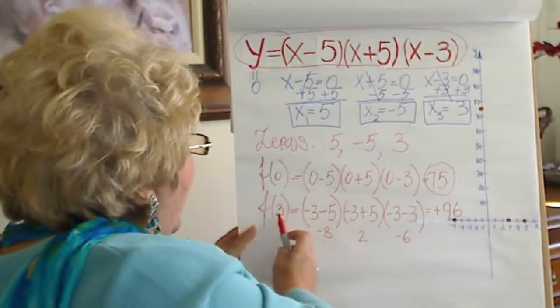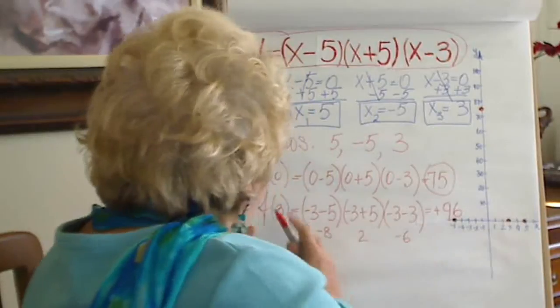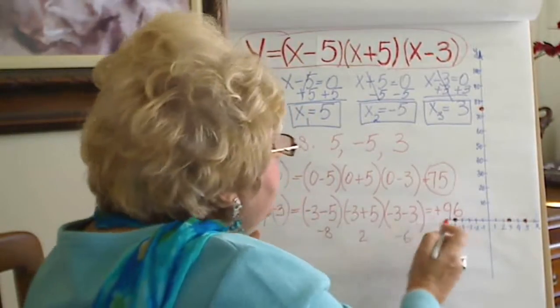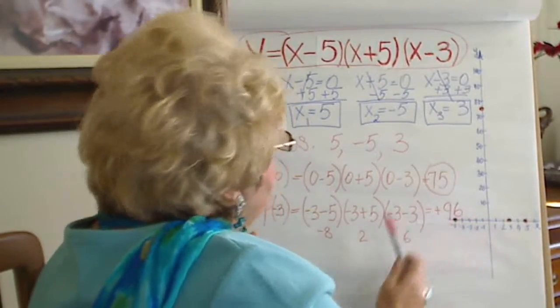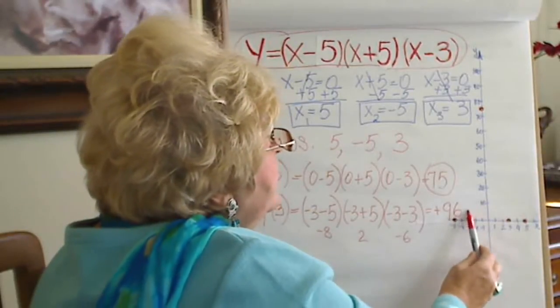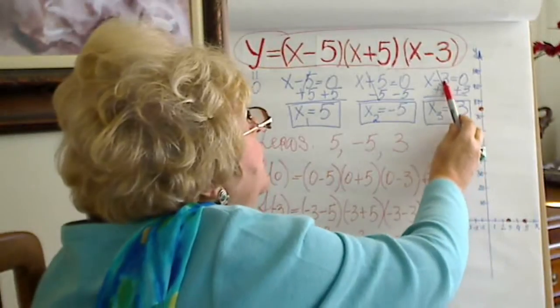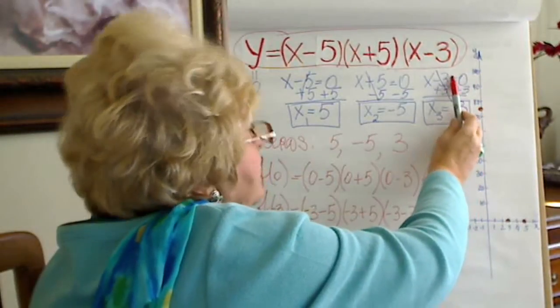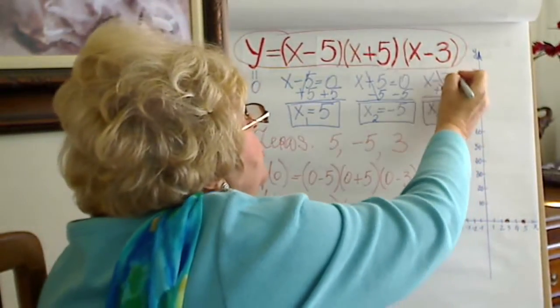So if x equals negative 3, y will be 96. Negative 3, and we go up to 96. So we have some point over here.